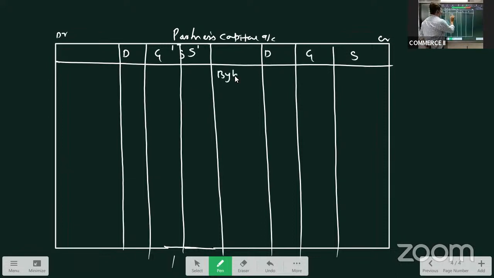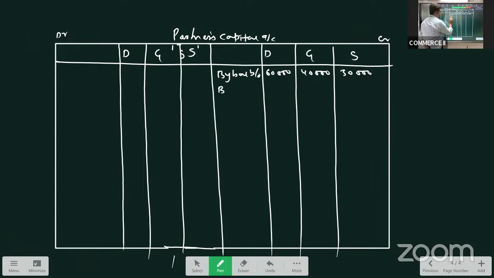By balance brought down. This is for the opening capitals. The capitals of Dravid, Ganguly, Sachin are 60,000, 40,000, 30,000. Then goodwill is raised.